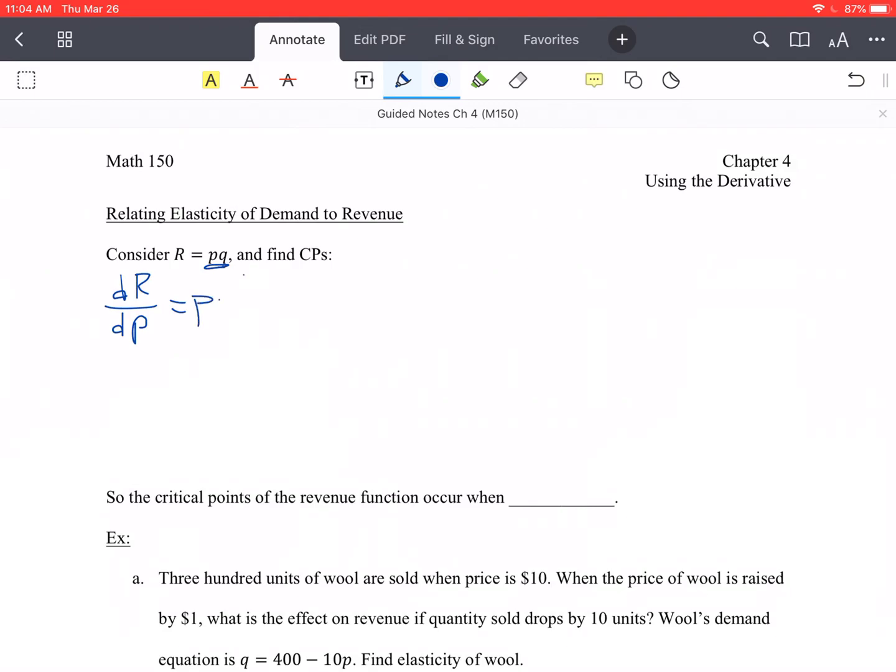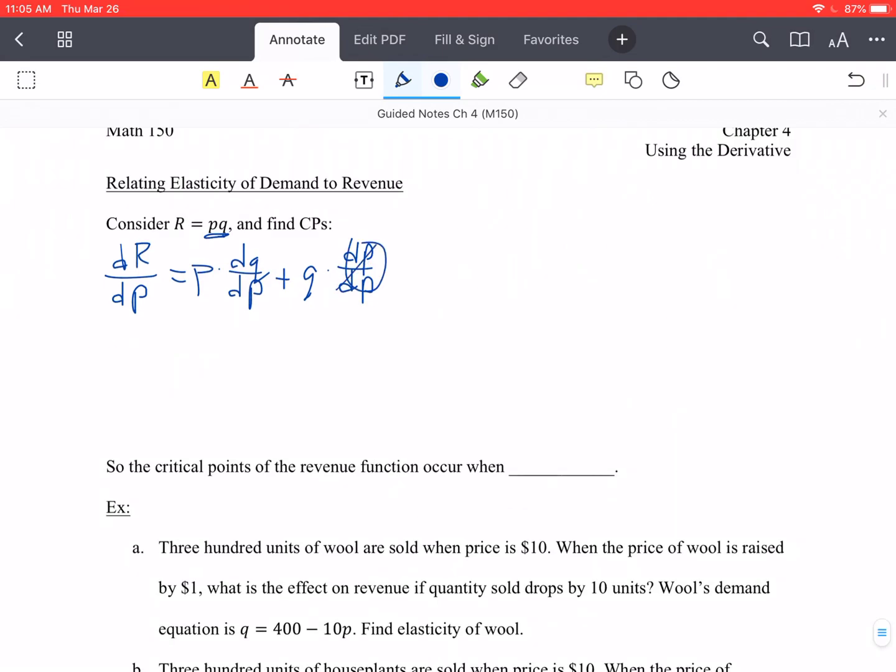So first times derivative of the second plus second times derivative of the first. Okay, and derivative of p with respect to p, that's just 1. Okay, so this is just p dq/dp plus q.